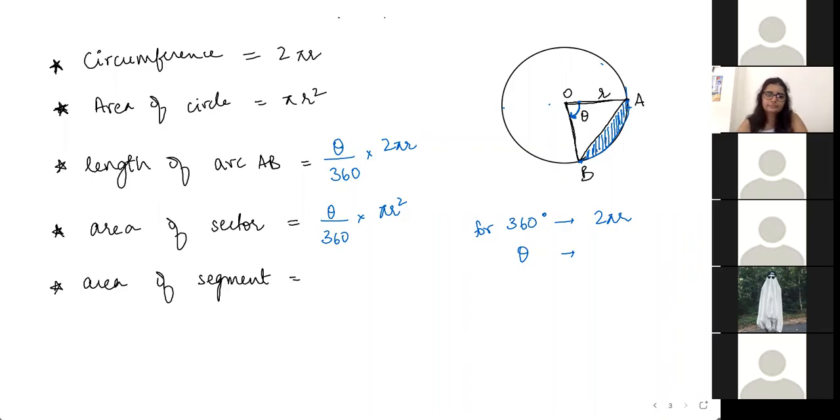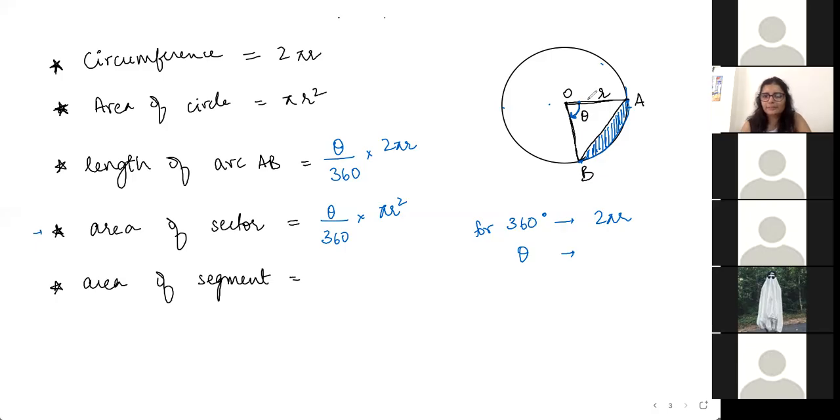Yeah, Jasmine? Ma'am, could we subtract the area of the sector by the area of the triangle? Absolutely. That's exactly what you do. Abir also answered triangle. So we know the area of the sector.